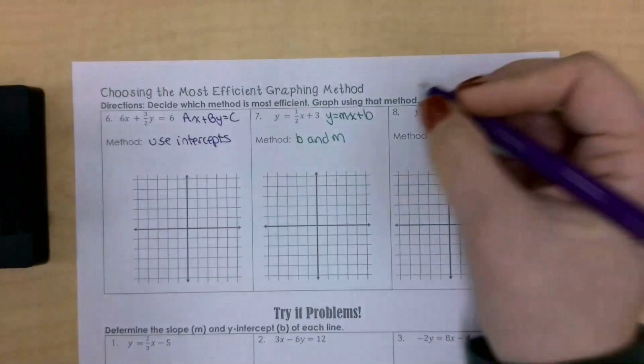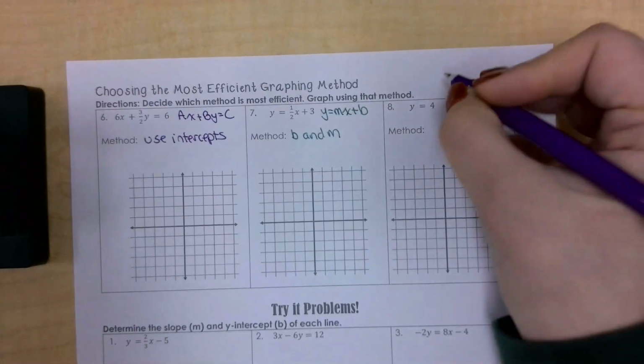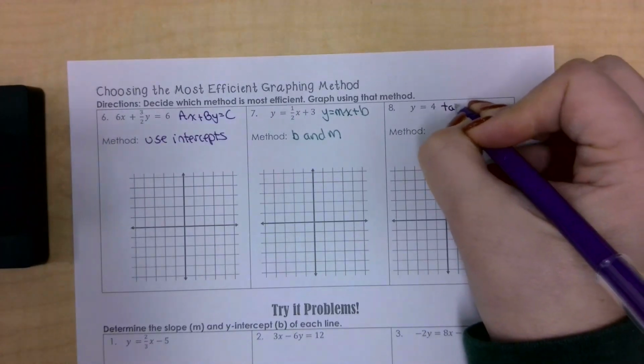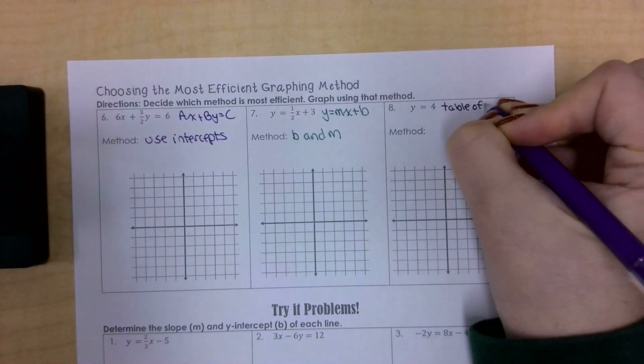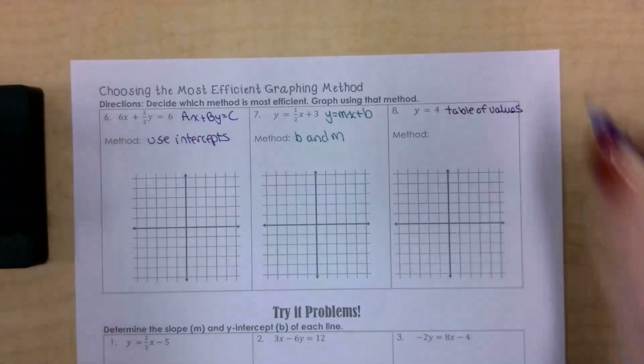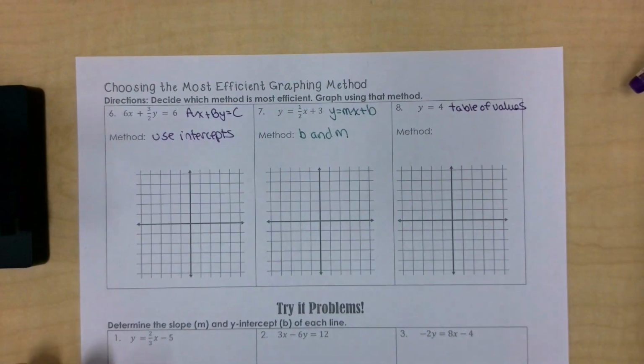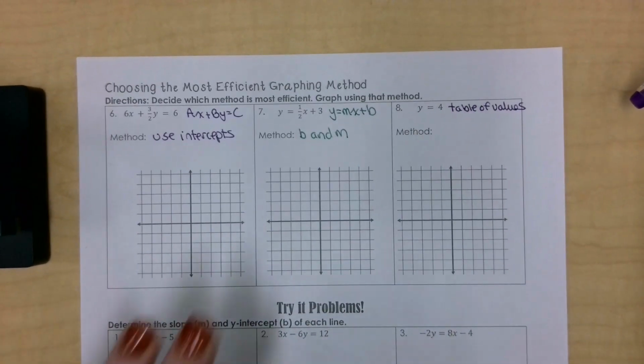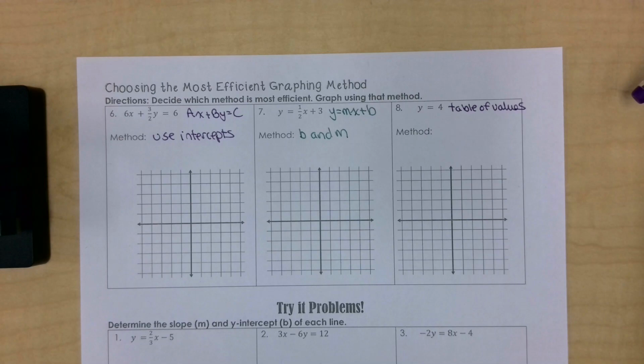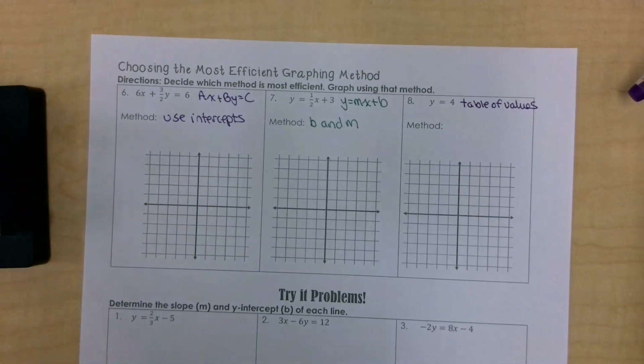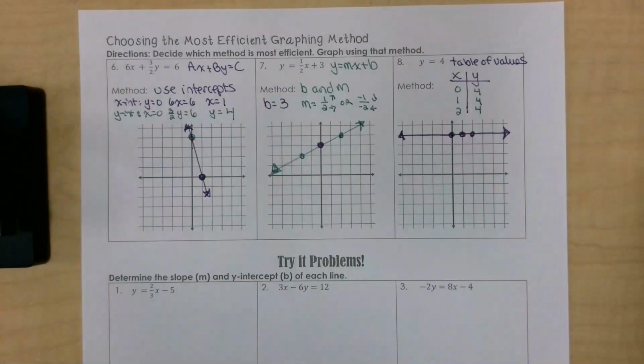And finally, if I see a horizontal or vertical line, I'm going to use a table of values. So what I want you to do now is pause this video and graph these lines using these efficient methods, and we will turn the video back on to see if you got them right.